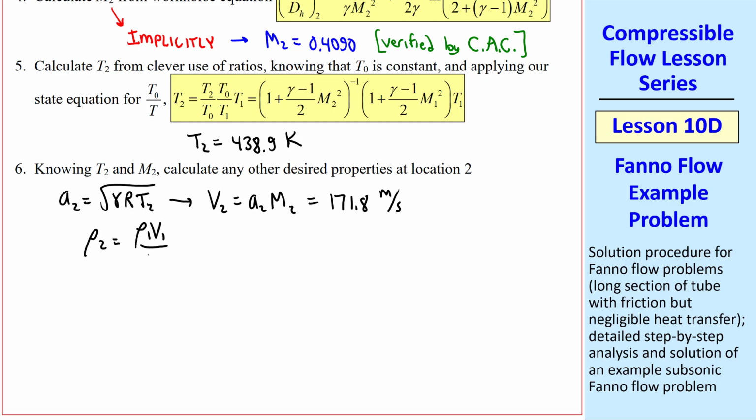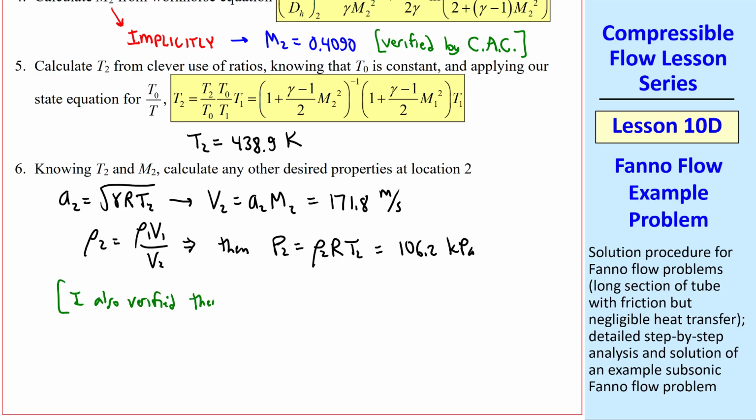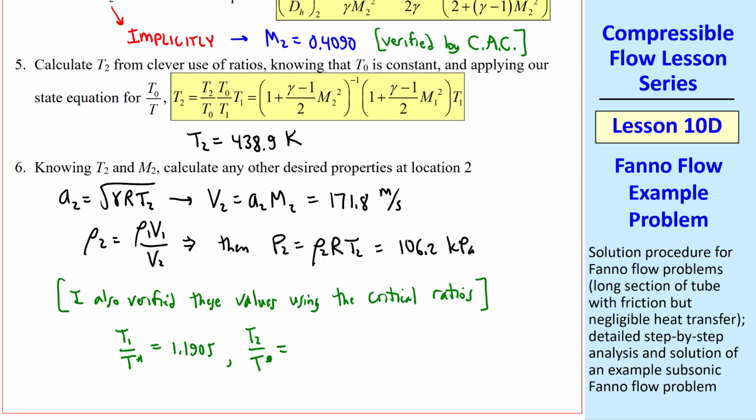From conservation of mass, ρ2 is ρ1 V1 over V2. Then I can get P2 from the ideal gas law. I get 106.2 kPa. I also verified these values using the critical ratios. T1 over T star turns out to be 1.1905. T2 over T star is 1.1611.